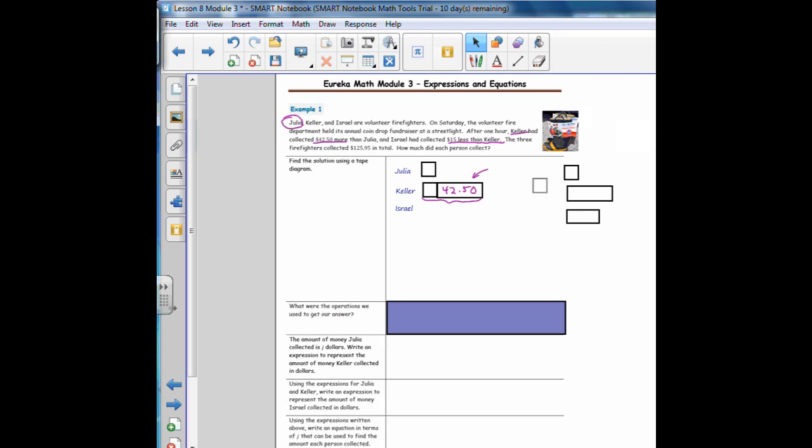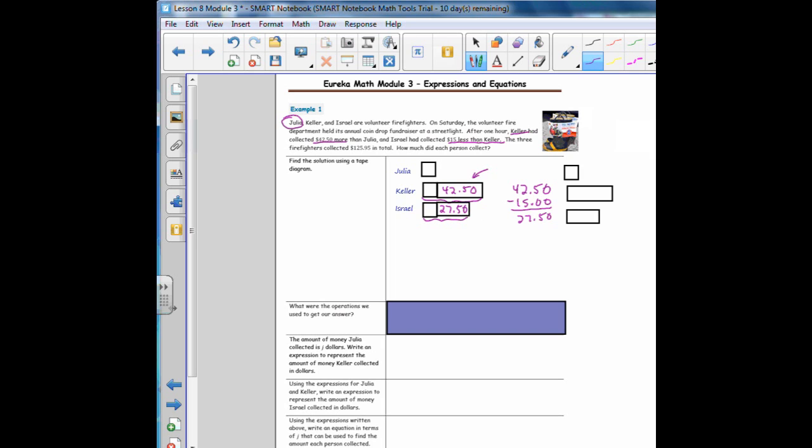So you can see that Israel's amount is less than Keller's. If we have $42.50 and we take away the $15 because he collected $15 less, that leaves us with $27.50.